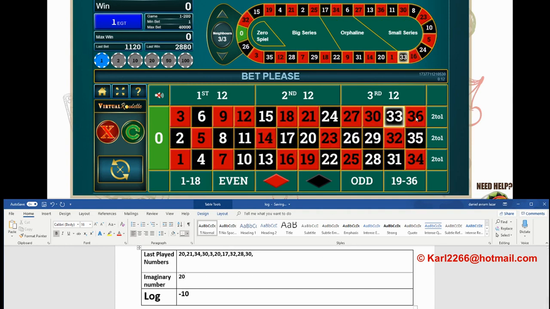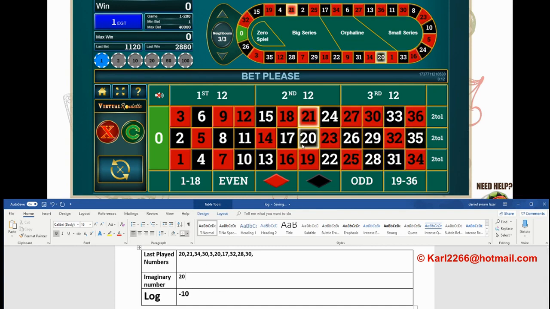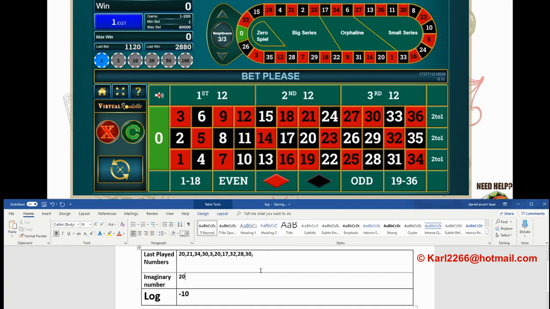Okay, the thing is, when we got number 20, we don't play, because 20 has 4 terminals: 27, 15, 25, and 13. So the numbers which have 4 terminals, we don't play. And those numbers are 8, 11, 14, 17, 20, 23, 26, and 29.